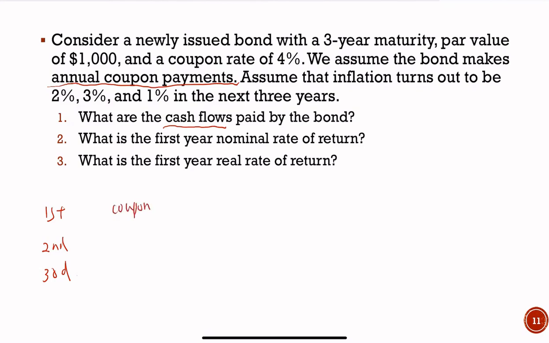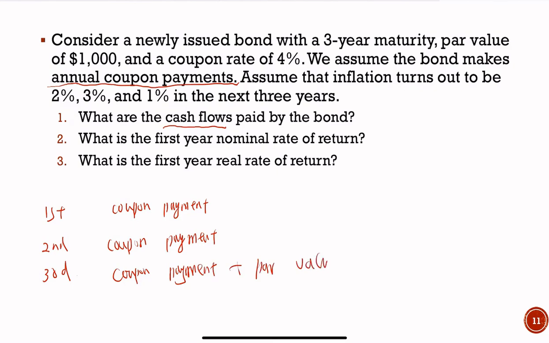In the second year, you will continue to receive your coupon payment. And in the third year, you will get coupon payment plus what? Well, plus the par value. You will get back your principal.